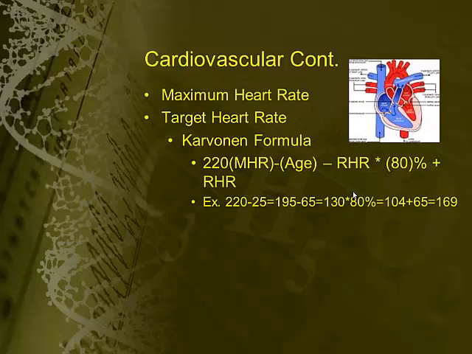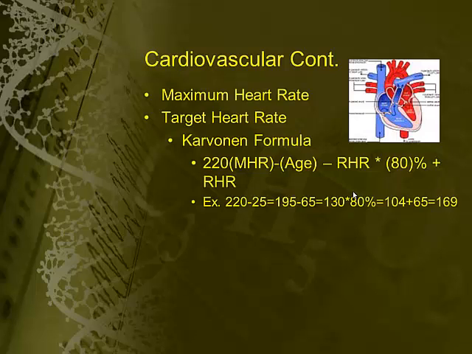Anything above 80%, we move into what we call glycolysis, another energy system we'll talk about in a few slides. The problem is its byproduct is lactic acid, which starts to burn, and we won't be able to keep the pace we need for the duration, for that 20 minutes.